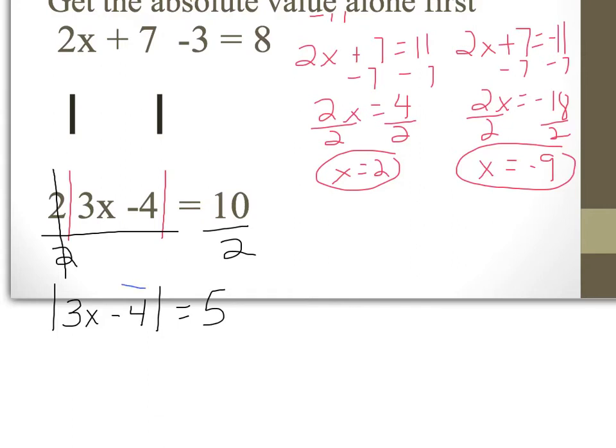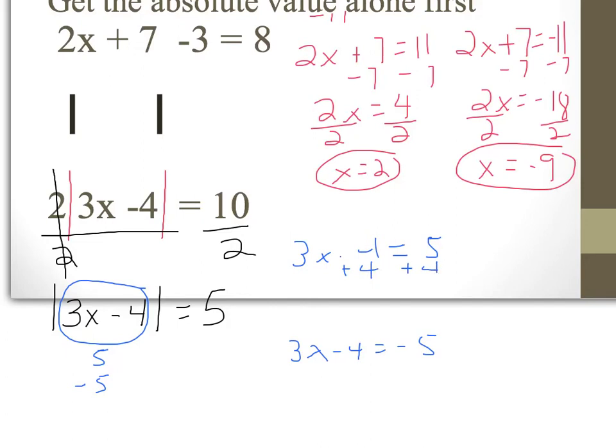If we look at the value inside the absolute value, this value could be equal to 5 or it could be equal to negative 5. Remember, because when we take the absolute value, it becomes positive. So my two equations here are 3x minus 4 is equal to 5, and also 3x minus 4 is equal to negative 5. Solving here, 3x equals 9, divided by 3, so x is equal to 3.